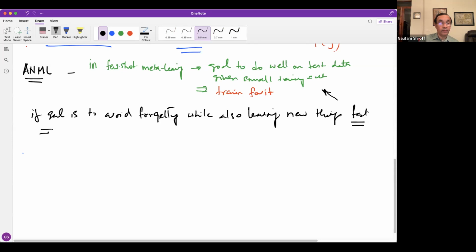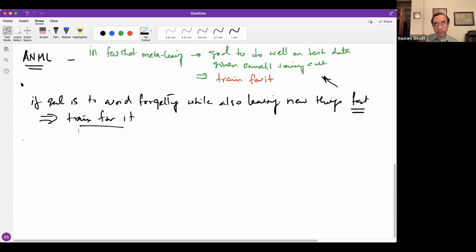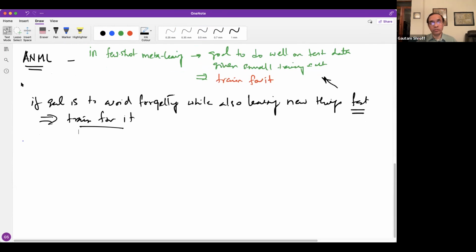Well, then train for it. So it's the same meta learning idea that we used in all the meta learning, used for continual learning in this animal algorithm. There are other continual learning algorithms which don't use this idea, but this one does. So it's derived from meta learning.